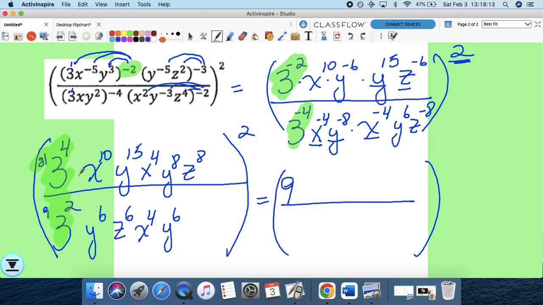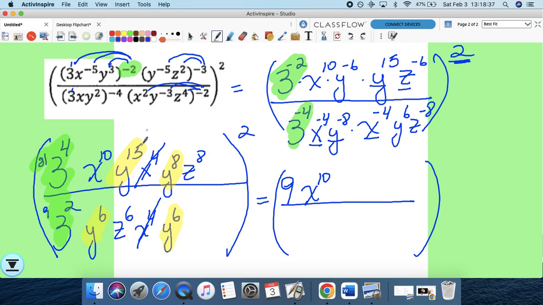Let's do the x's. X to the 10th on the numerator I have, well actually, if you look at this, I have x to the 10th times x to the 4th, and x to the 4th at the bottom. So x to the 4th and x to the 4th can go away. So literally all I have is x to the 10th power. The y's, I have y to the 15, y to the 8th, y to the 6th, y to the 6th.